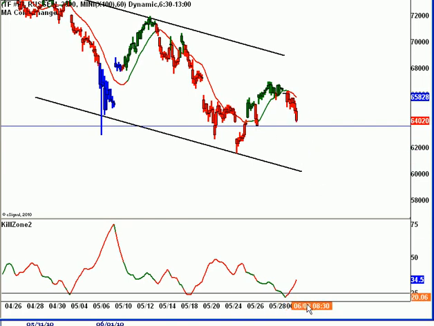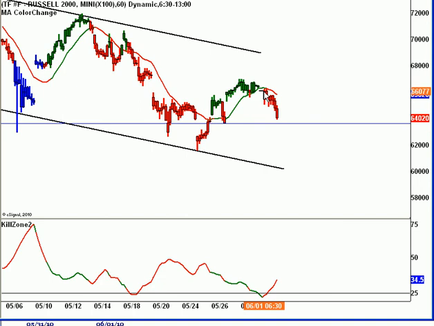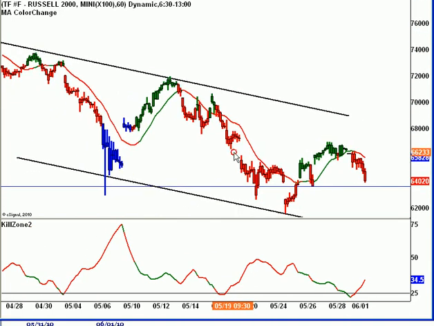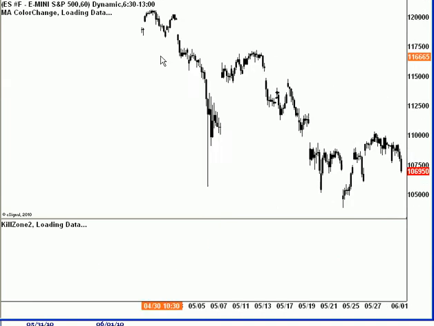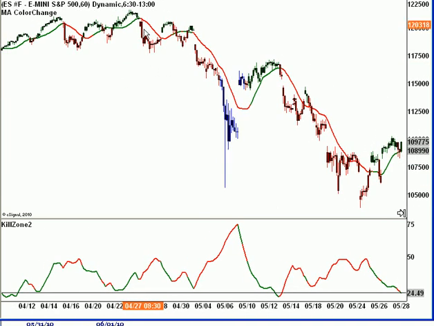You'll notice the 60-minute was red all day as well. So 60 minutes red, the pattern is down. Remember at this high, even though this is the Russell, we had the 1216, 1215, 1216 area as a high target.